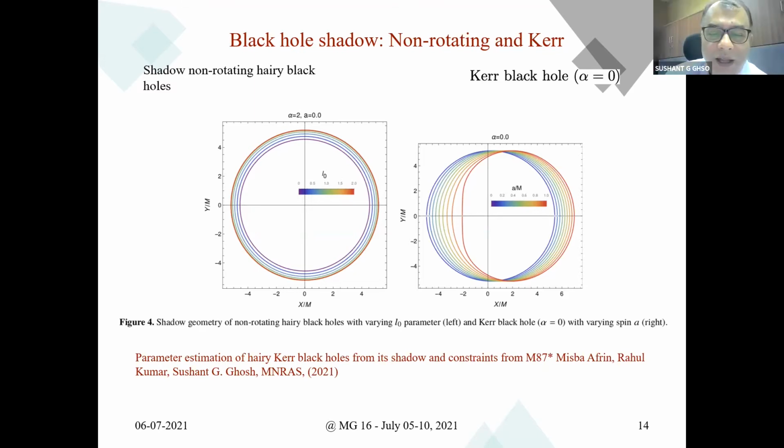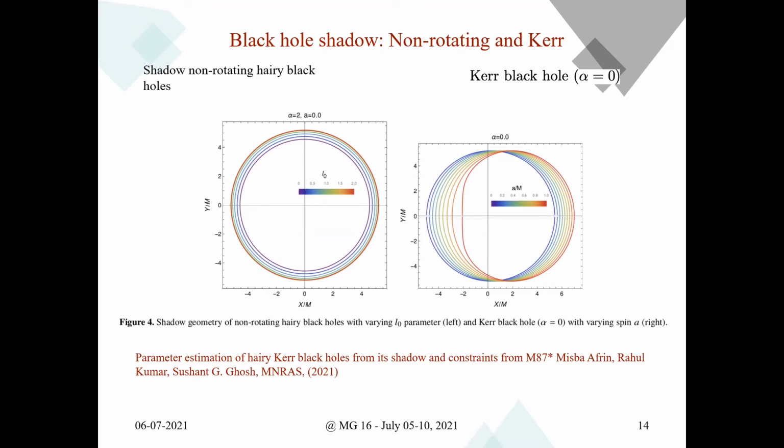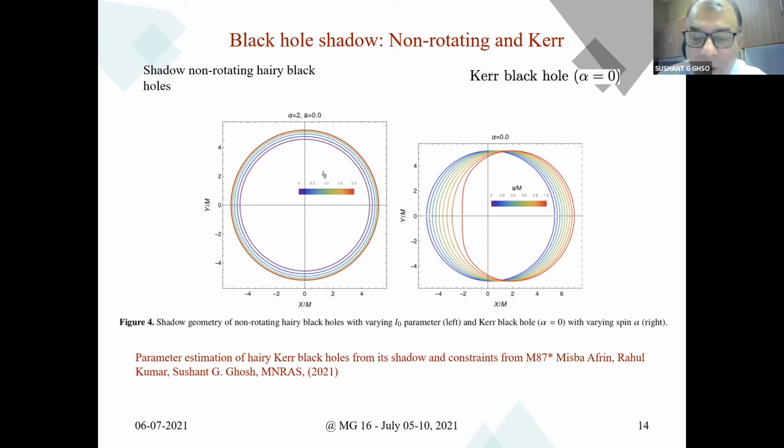Yeah. So L0 is the parameter of the hair, right? And alpha, I told in the beginning, is an additional parameter that came out. They gave an approach called gravitational decoupling, and they said that this additional term may be because of the surrounding matter around the black hole.